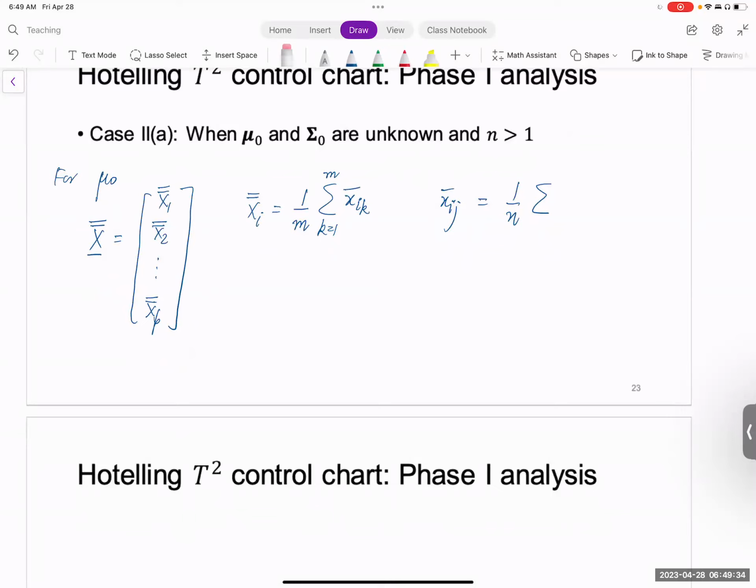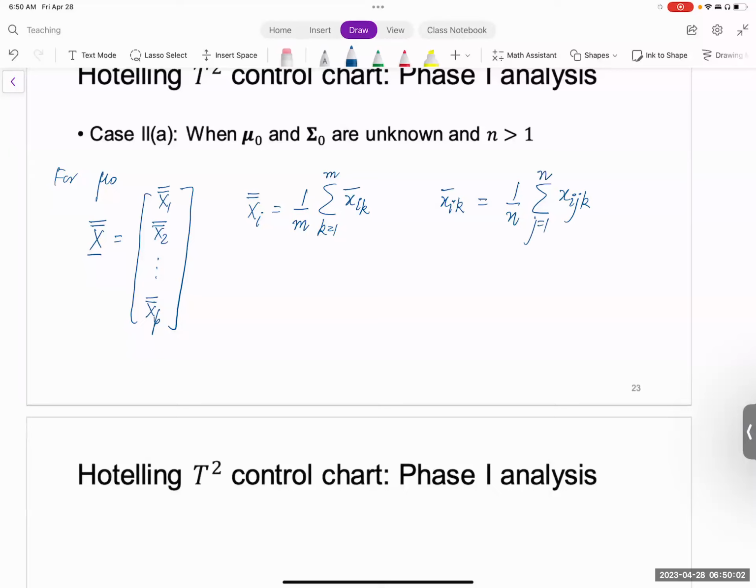And then xik bar is equal to 1 over n xijk, and the summation for j is equal to 1 to n.